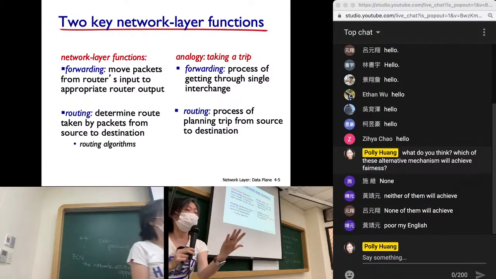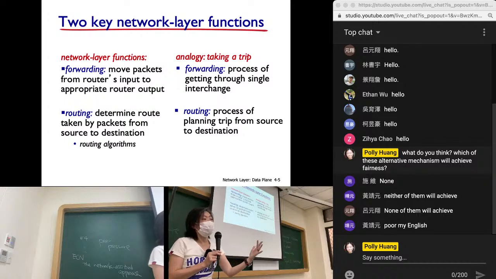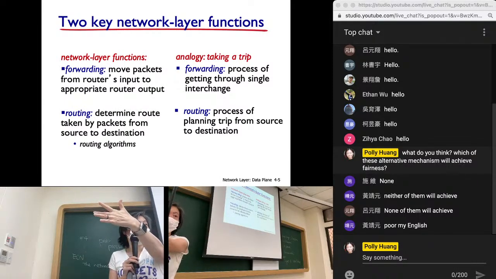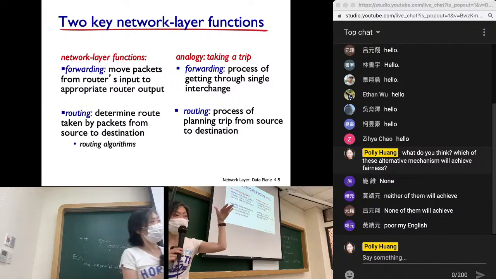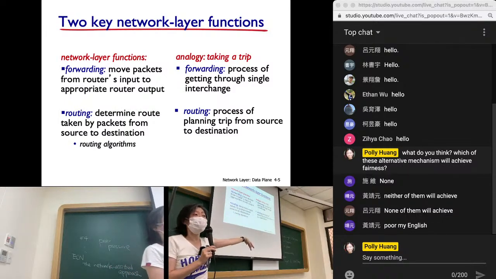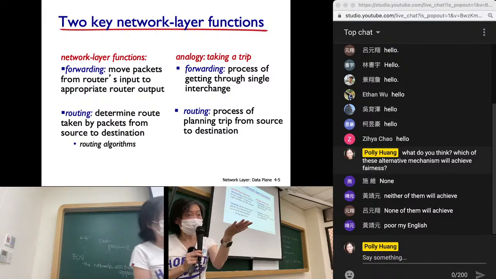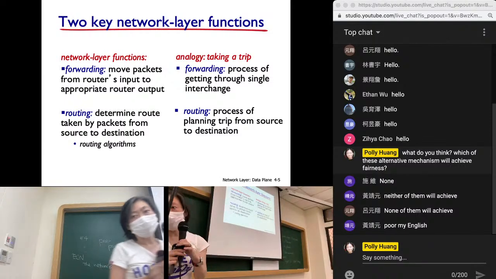Google Map is going to tell you to walk to some spot, and then take a bus right there at the stop. The bus is going to take you to a stop nearby the zoo, and you get off, and then you walk to the entrance of the zoo. So that process of finding a route is routing.